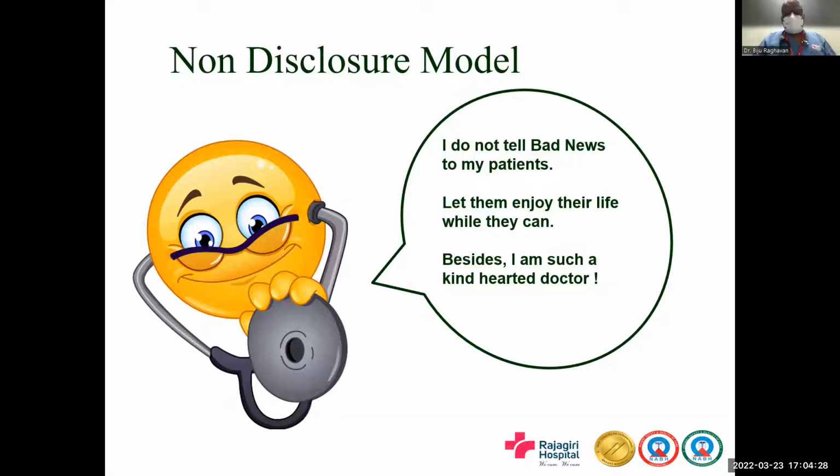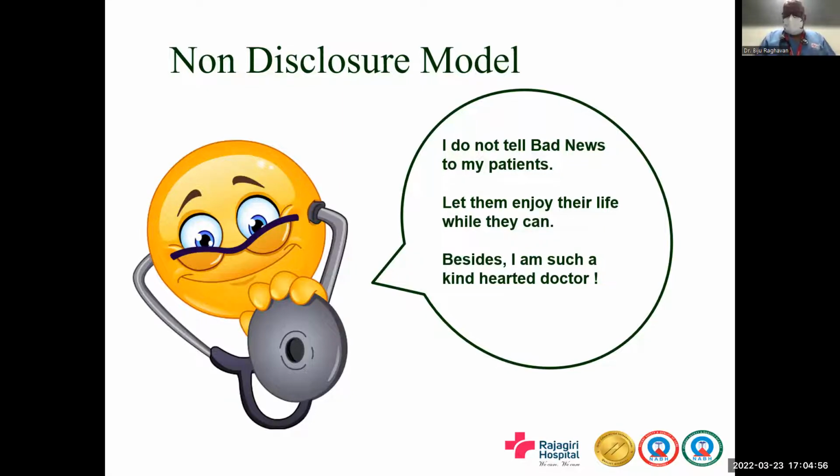The family's right over the patient is given more importance. And therefore, in our culture, we say the patient does not come to us, it is the family which brings the patient to us. Plus, we may have our own particular reason for not disclosing the bad news to the patient. We may not feel confident enough to do that, or we may think that we are doing the right thing.